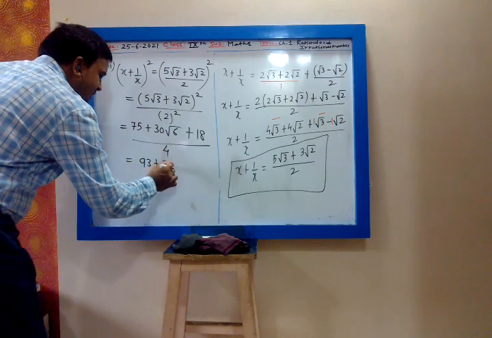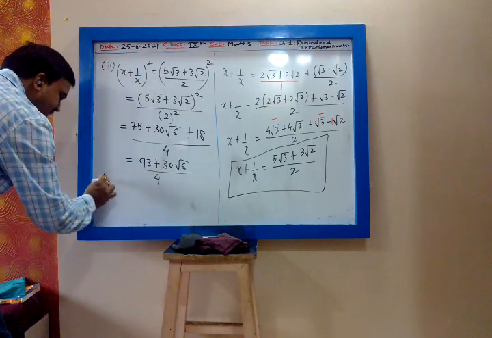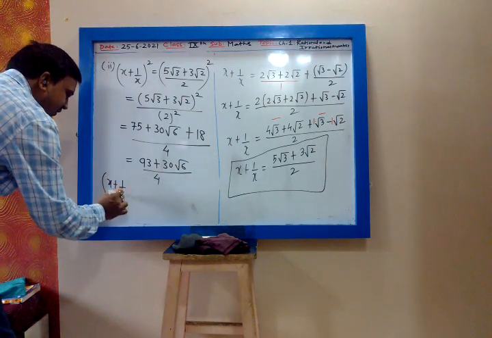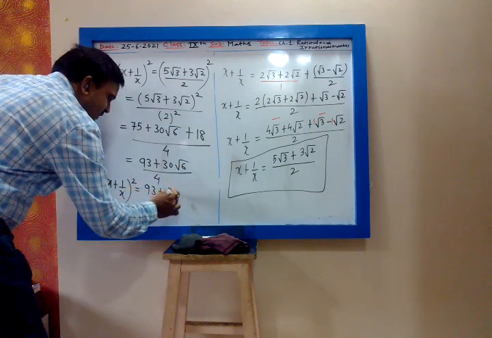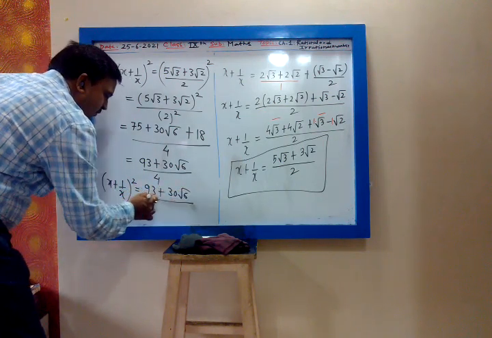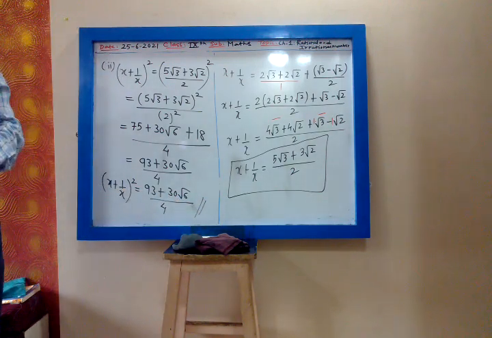So 93 plus 30 root 6 upon 4. So we write x plus 1 upon x whole square is 93 plus 30 root 6 upon 4. This is the answer.